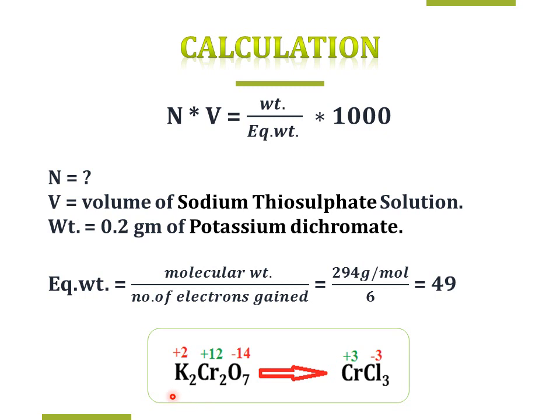So that the sum of oxidation numbers of a neutral compound equals 0, the oxidation number for chromium equals plus 12. It converts to chromium trichloride: oxidation number for chlorine equals minus 1 multiplied by 3, so I have minus 3. So that the sum of oxidation numbers for a neutral compound equals 0, the chromium will be plus 3.